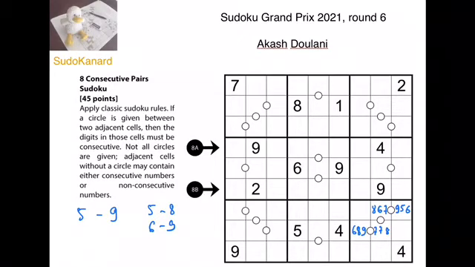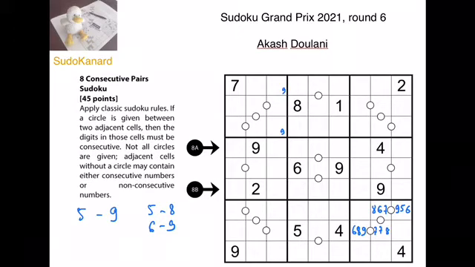Now let's have a look at this one. This one does not include a 7, so one thing is that 8 and 9 can't be on here. So 9 must be in one of those two squares, and 8 must be, well, not here, but 3 positions remain. So what are those digits?